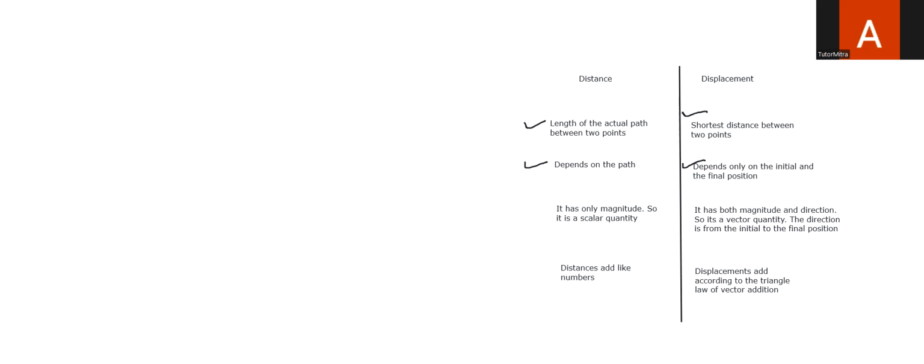Let us take a circular path. This is the circular path, and let us say a particle starts from point A, travels along the periphery of the circle, and moves to the diametrically opposite point B. And the radius of the circle is, say, 7 meters.